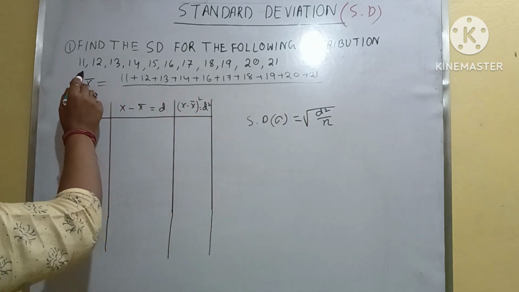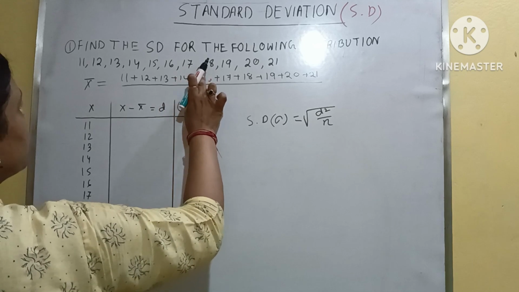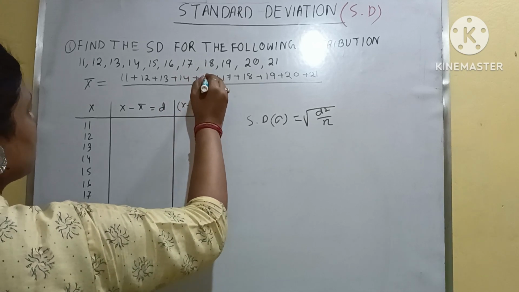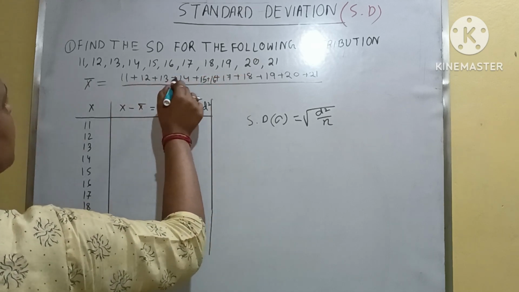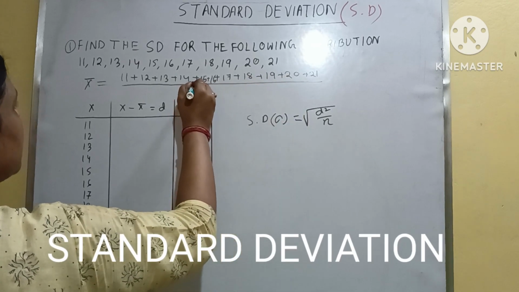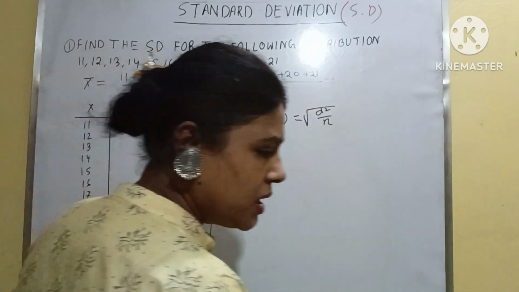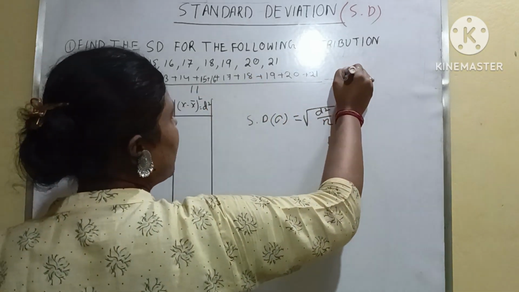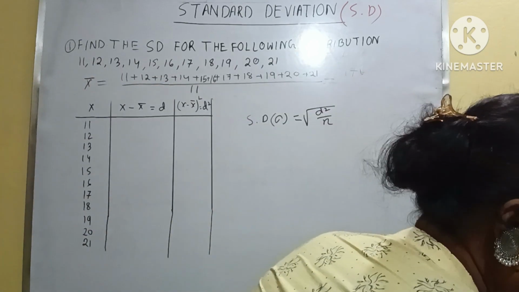Once again I check: 11, 12, 13, 14, 15 is missing, so you have to write here 15. Then 16, 17, and so on, the count is 11, so write here 11. The total addition of these numbers is 176.